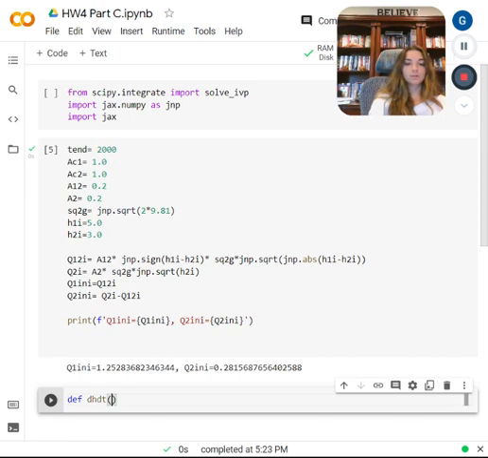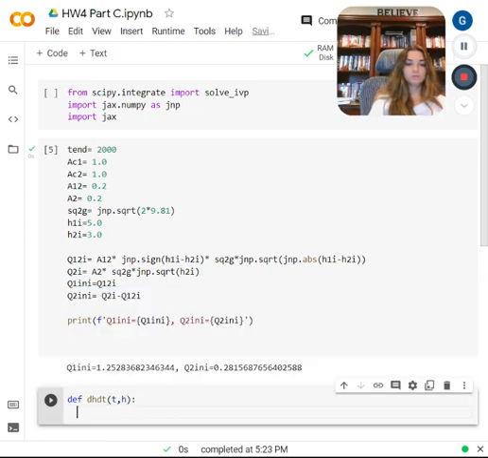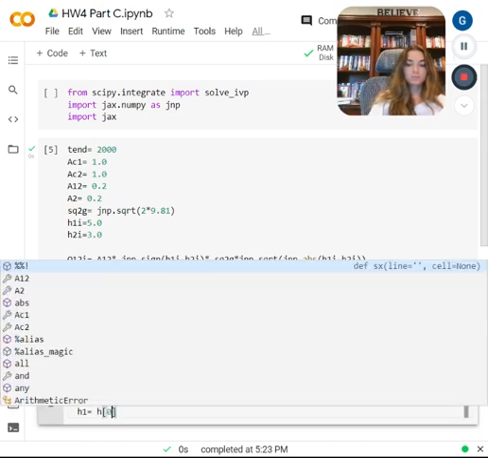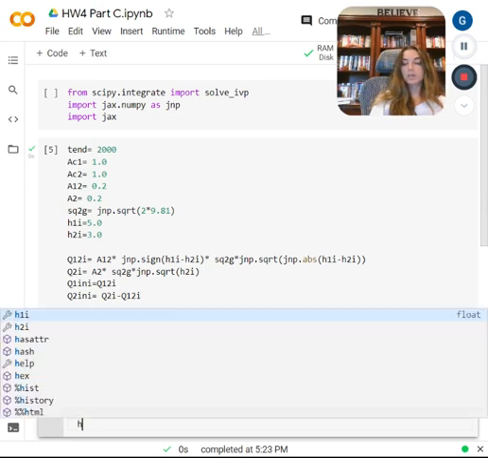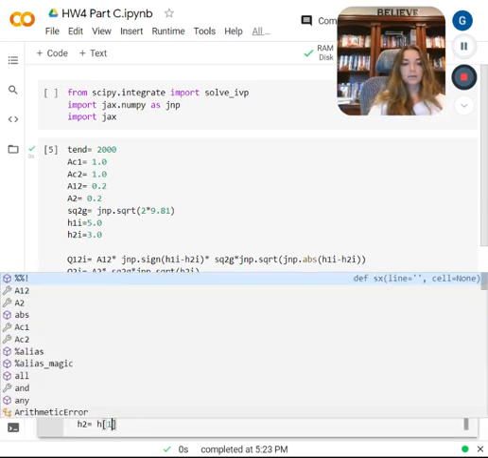And that's going to be our parameters of t and h. H1 for tank 1 is going to be indexed as 0, and the height at tank 2 to be indexed at 1.